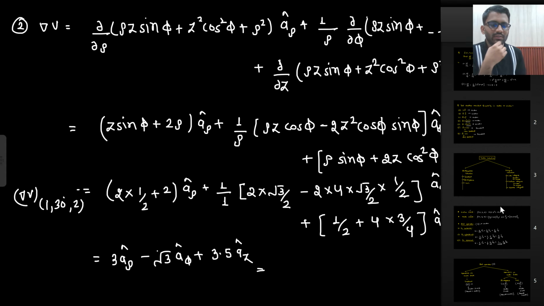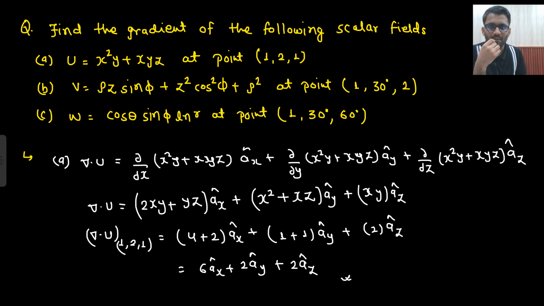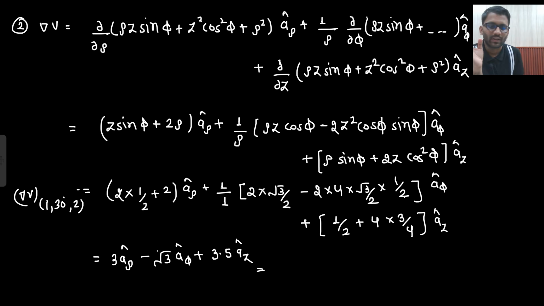Okay, let's solve the last one, and then we will move to physical significance. That will be very interesting. So del w, there is no dot here, I am not applying any dot. It is not a dot product, it is simply del w I need to write.